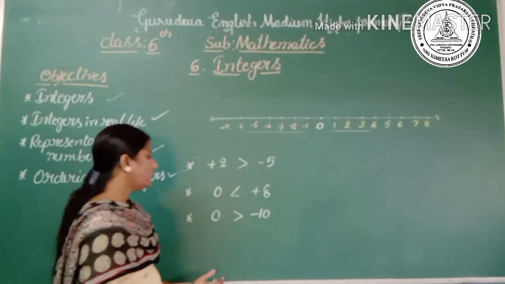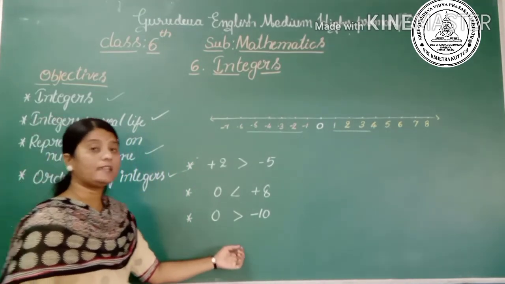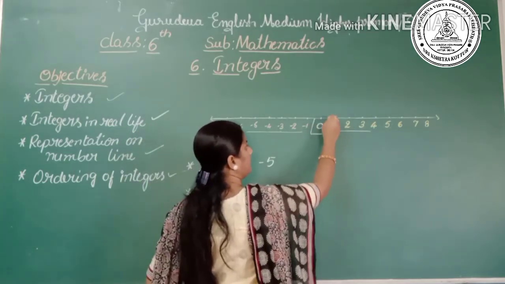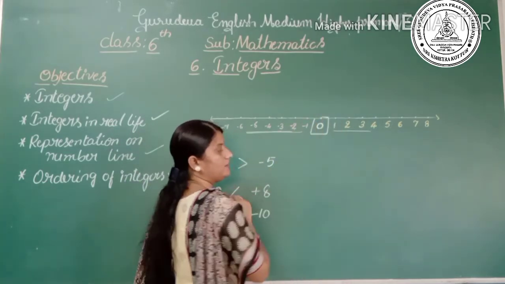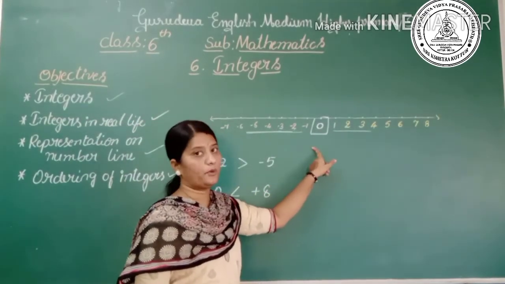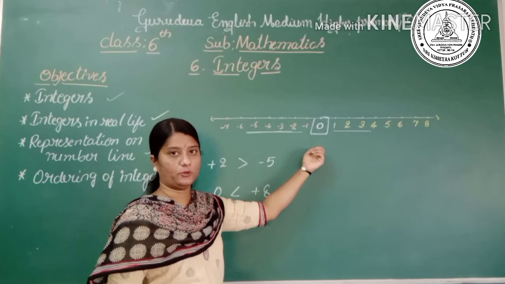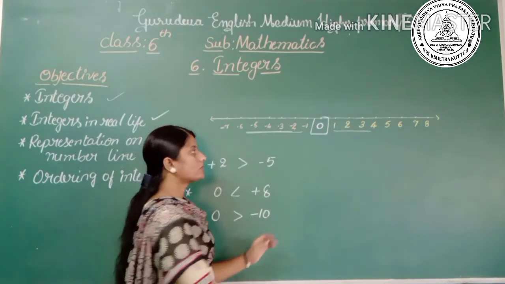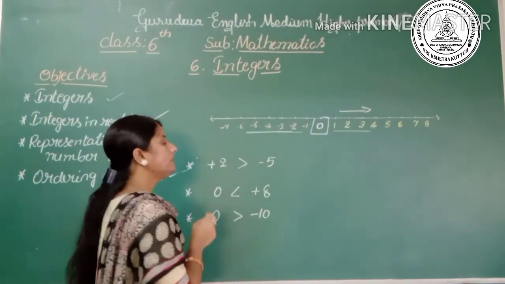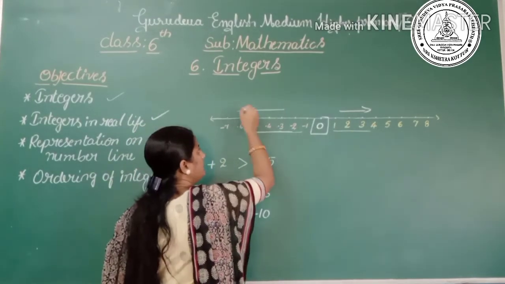Then the third one is 0 is greater than the negative integers. Okay. Then we can say that 0 is neither a positive number nor a negative number. Right? The values go on increasing to the right of 0 and the values go on decreasing to the left of 0.